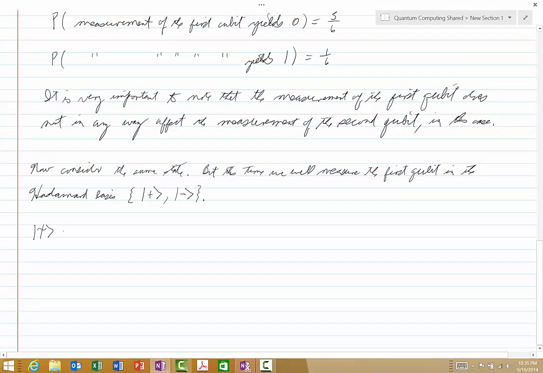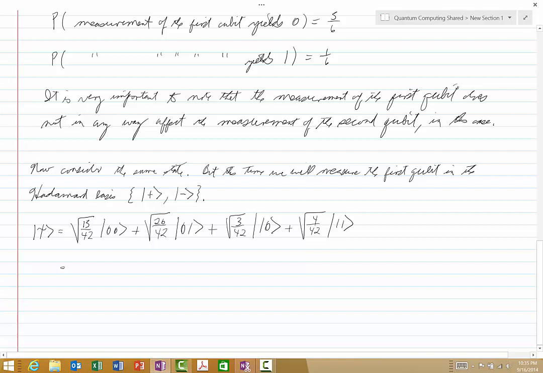We have square root of 15 over 42 |00⟩ plus square root of 20 over 42 |01⟩ plus square root of 3 over 42 |10⟩ plus square root of 4 over 42 |11⟩.